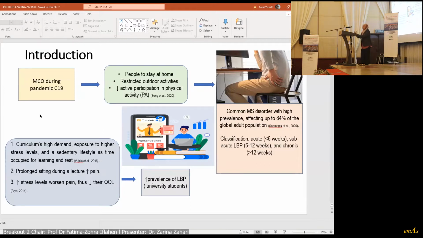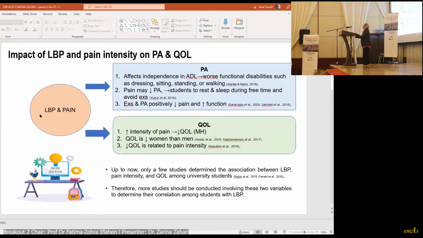Most students have to sit for a prolonged period during lectures, and this will increase pain, even among those who are healthy. It also increases stress levels, which worsens the pain, and leads to a reduction in quality of life, or QOL. This provokes an increased prevalence of low back pain among students.